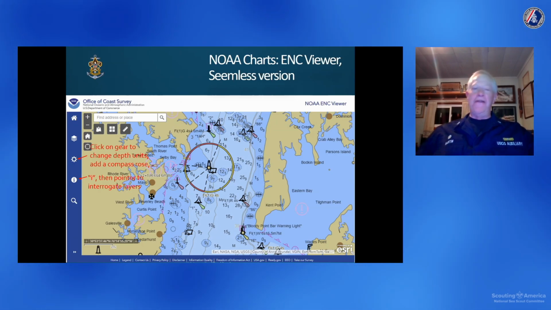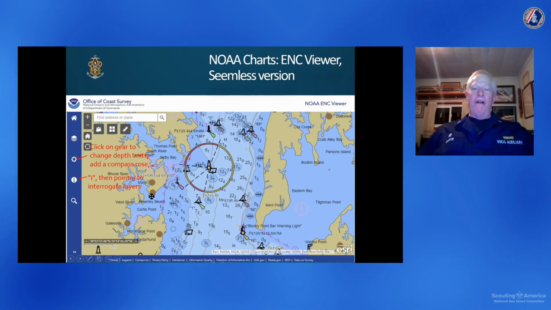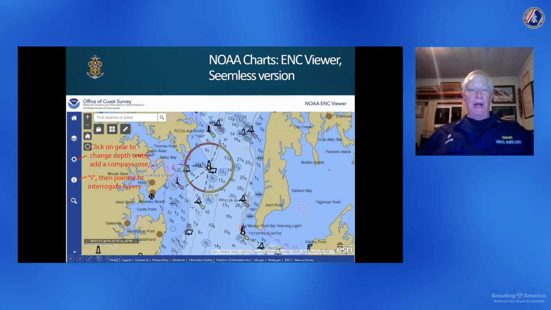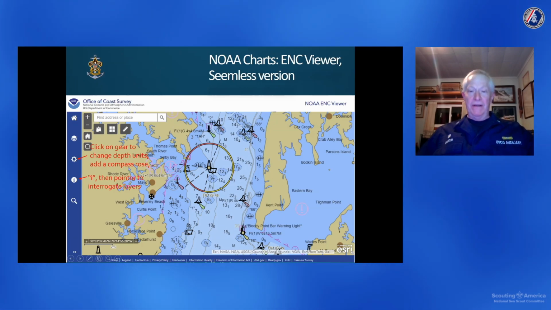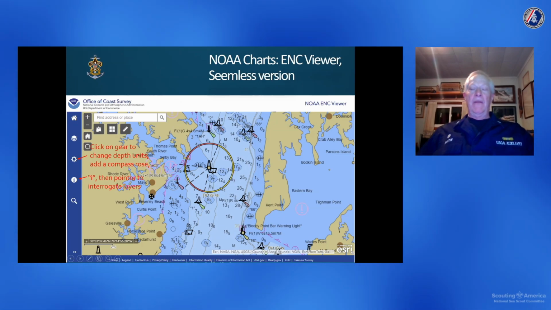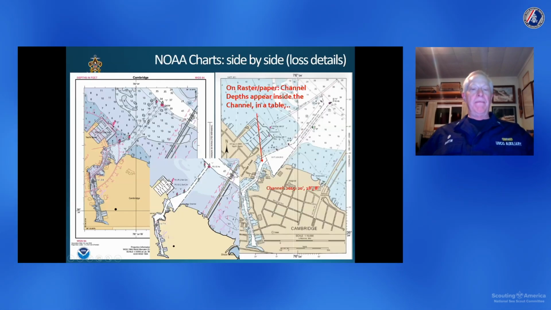Now, the symbology should tell you, but it doesn't give you all of the information. Sometimes they don't have the aid number. They have the color of the light, but is it flashing? Well, this one is. But is this a fixed light or not? All we know is it's number 2. So you have to interrogate it to understand what it is that you're looking at. And I'll show you that in a minute.